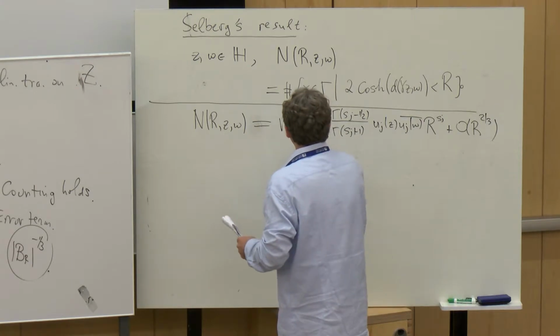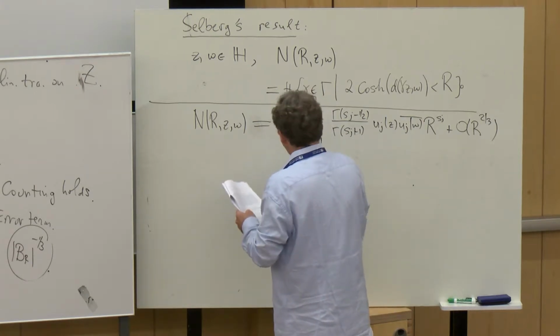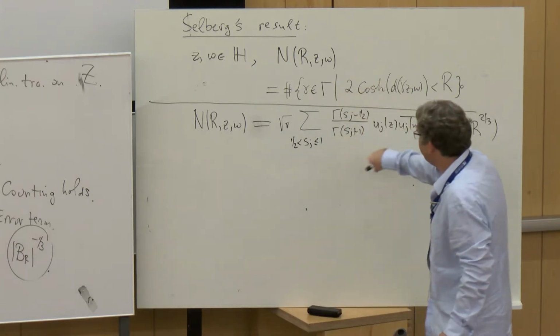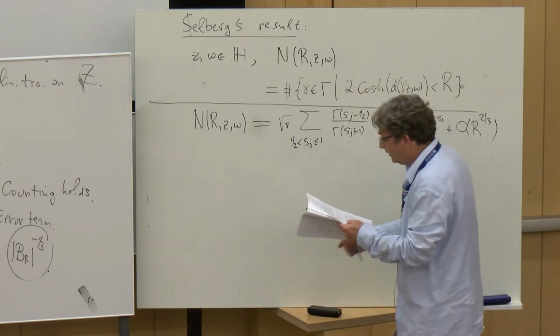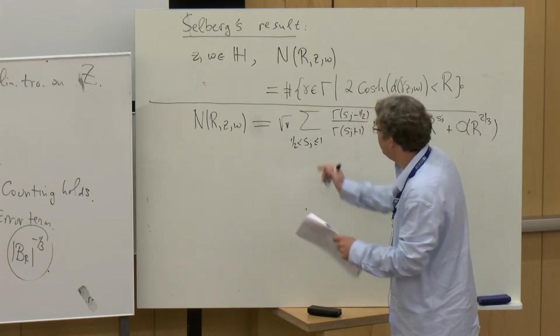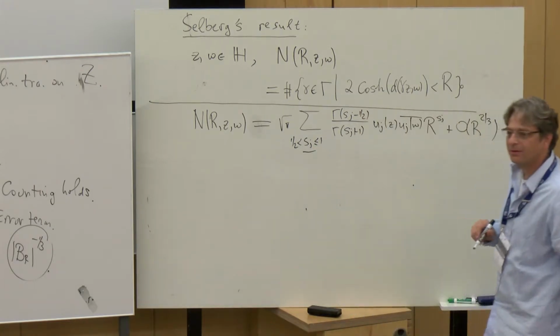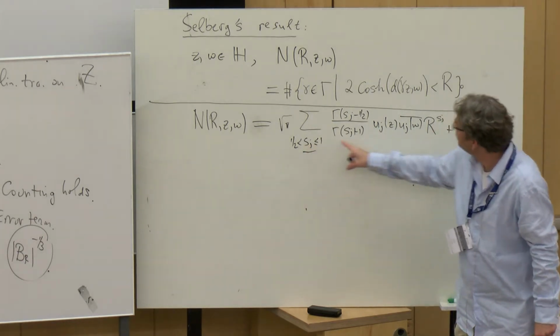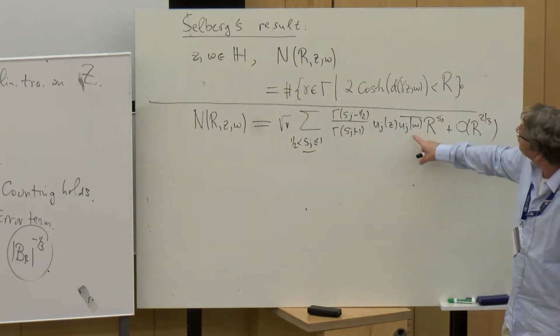And the sum goes over some eigenvalues between 1 and 5. Hidden here is the main term, so it could be that I'm missing here s equals 1. No, it's here. Okay, so the main term of this sum belongs to the eigenvalue which corresponds to 1.